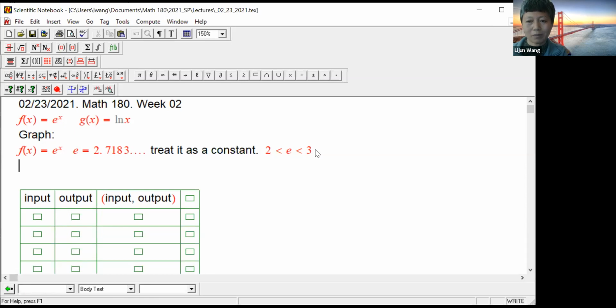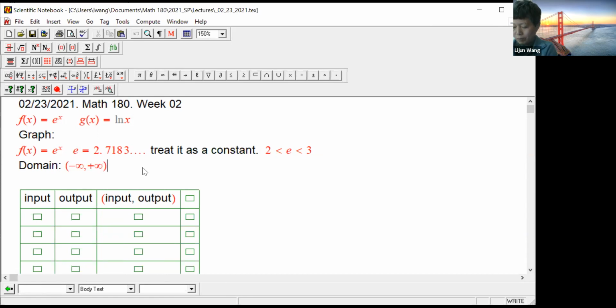Do you follow me? So just like the domain for 2 to the power x, the domain for e to the power x is all real numbers. Is that understandable? Negative infinity to positive infinity. So now we're going to plot it.